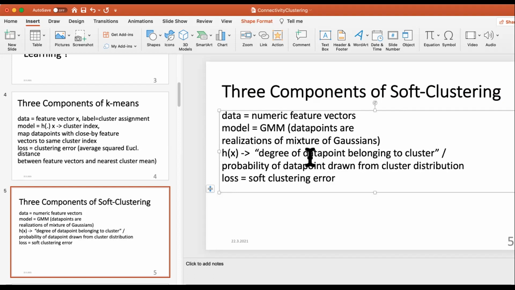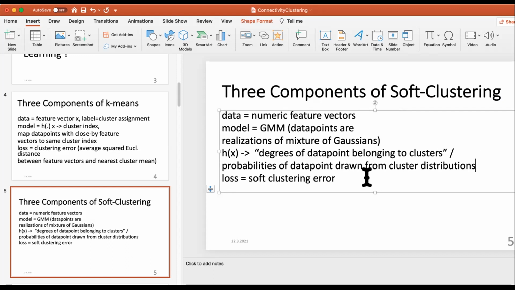Remember, in Gaussian mixture models, we represent a cluster by a Gaussian distribution, and the output of this predictor map can be interpreted as the probability that the data point with feature vector x has been drawn from a particular cluster distribution. So remember, the output is not a single number, but actually we output the degrees of data point belonging to all different clusters. So these are probabilities drawn from cluster distributions.